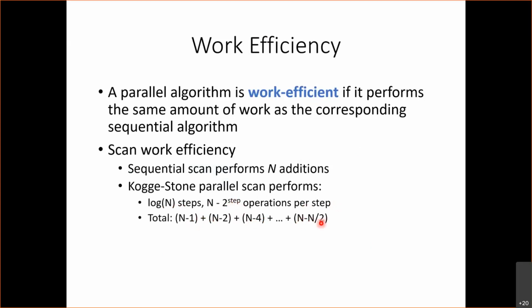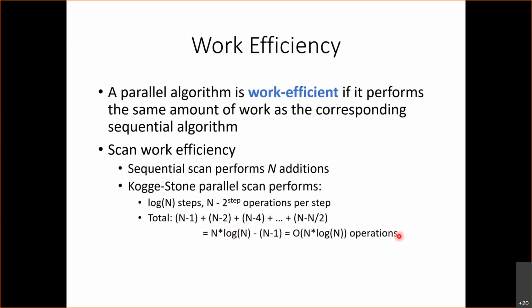How many terms do I have here? I have log n terms because I have log n steps. So the final result is n plus n plus n, log n times. So that's n log n, and then minus 1 plus 2 plus 4 plus dot dot dot plus n over 2, which comes out to n minus 1. So in total, I'm going to do n log n minus n minus 1 operations, which is O of n log n operations.